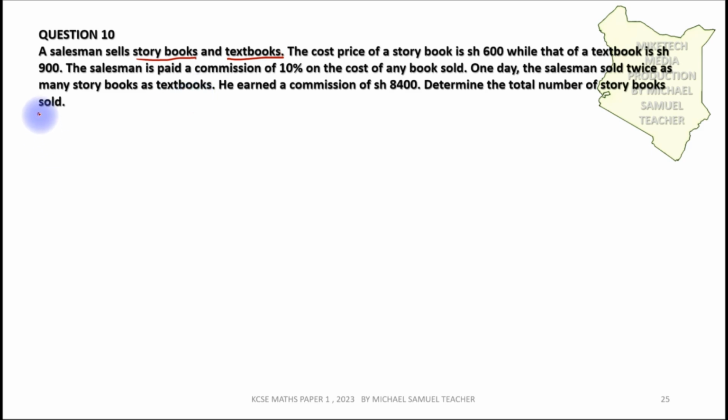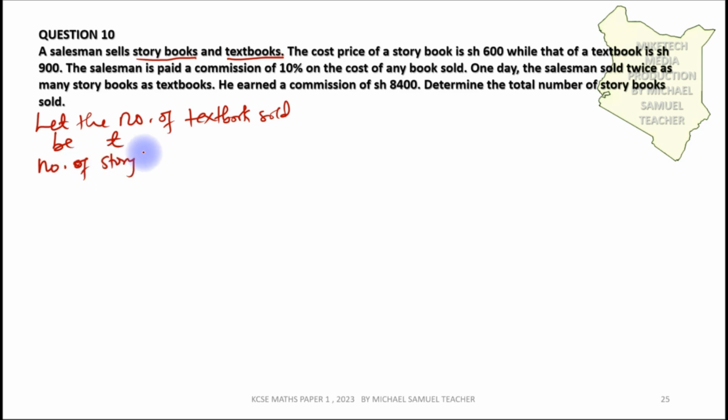So we can say let the number of textbooks sold be T. Therefore, the number of storybooks will be 2T.